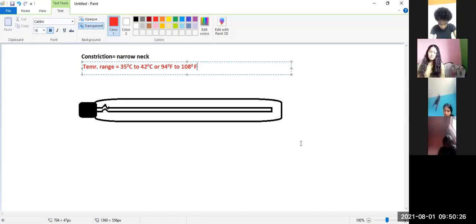It will expand. Thermometer will expand, becomes longer and longer. No sir, it will explode. Right, good. It will be destroyed.